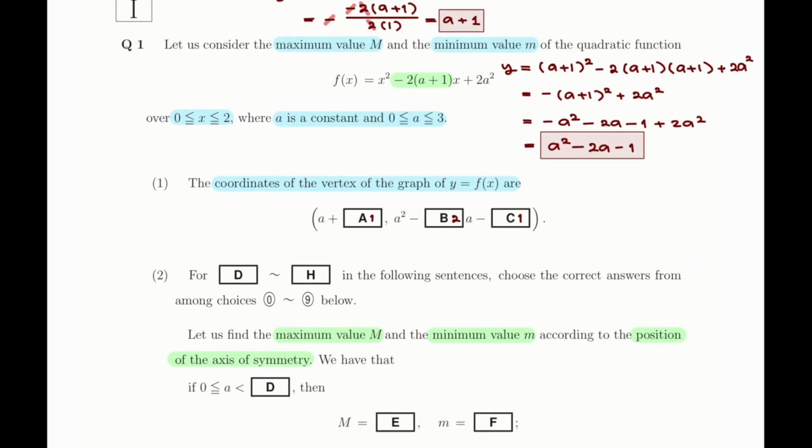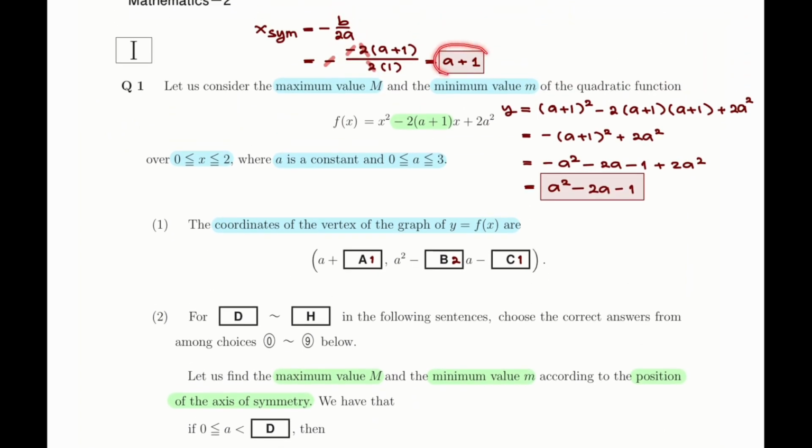Our axis of symmetry is a plus 1. This is my axis of symmetry. And then our function only holds for x between 0 until 2.